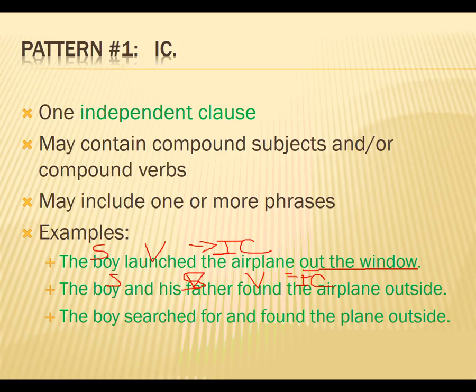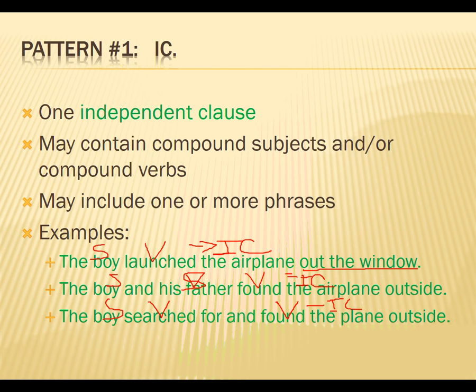The subject is boy, the first verb is searched, and the second verb is found. So there is a compound verb, but it is still one independent clause. All three sentences are simple sentences because they contain just one independent clause that can stand alone.